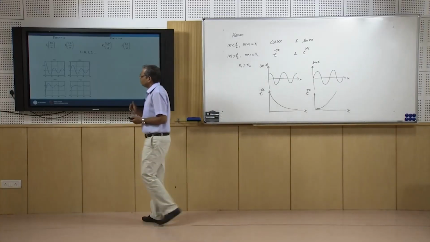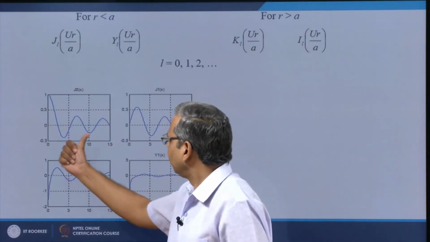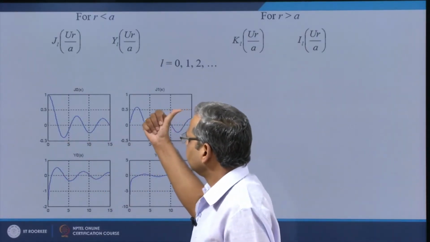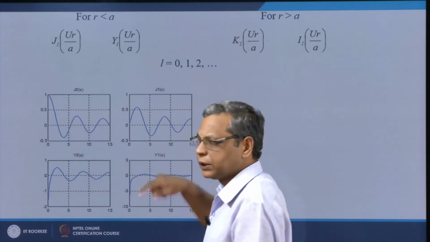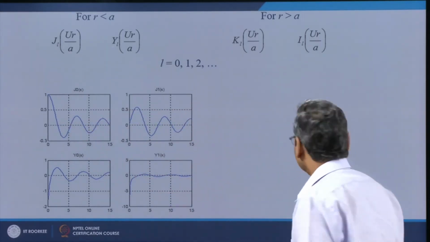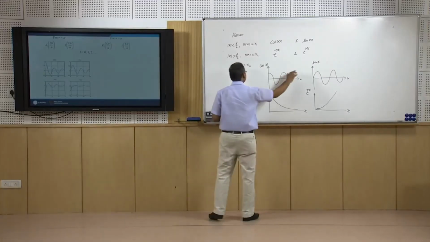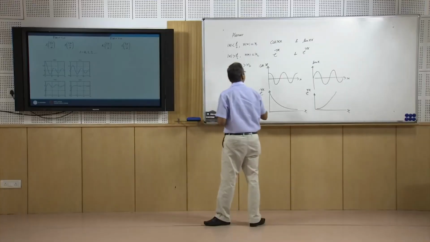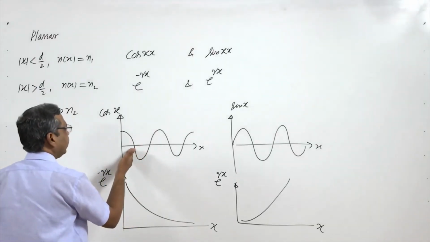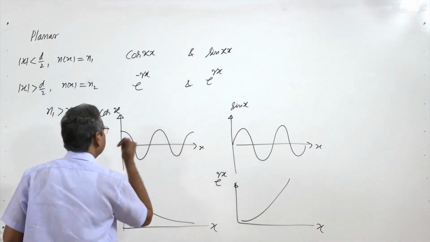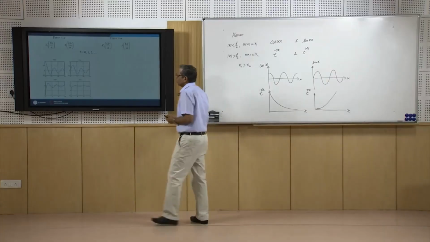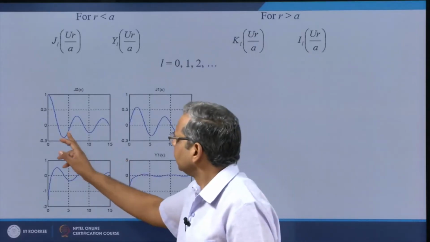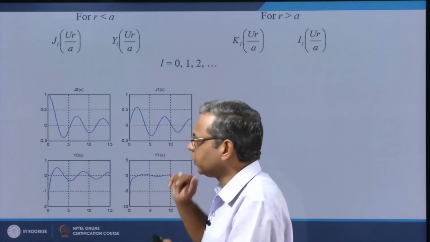However, as I go in the x direction, the amplitude of oscillations changes, it is not constant as you have in cosine. And in cosine functions, you know that this is pi by 2, this is pi, this is 3 pi by 2, this is 2 pi, and so on. But here it is not as simple as that.